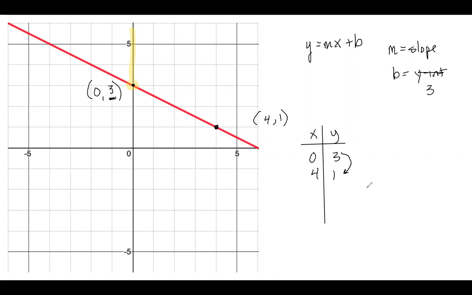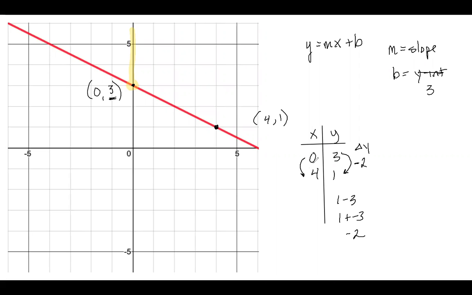From 3 to 1, end minus start is negative 2, because I am decreasing, right? 1 is smaller than 3. I ended up with a smaller number, so it's a loss. So the change in y is negative 2.